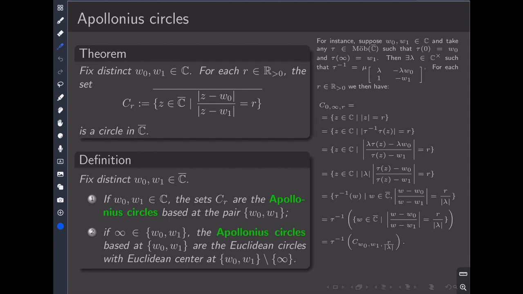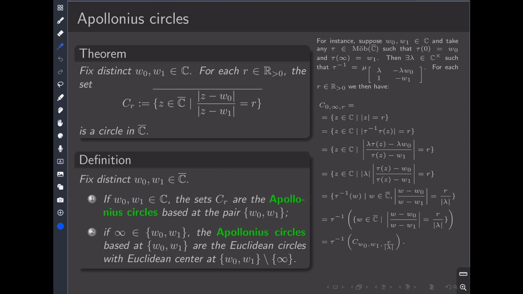So we're going to start describing what will play the role of the circle centered at the origin, that played a role for certain Möbius transformations, and these are the Apollonius circles of 2 points.